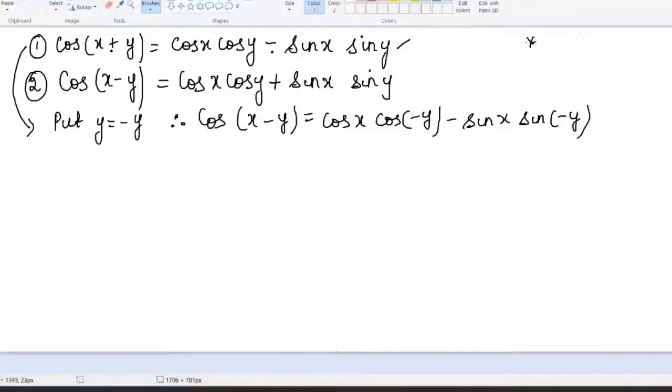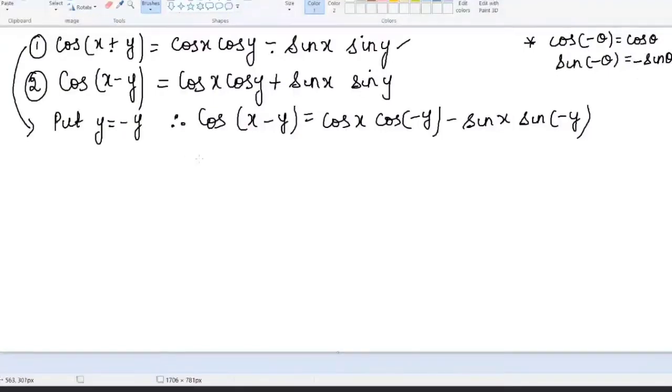Now, what do I know? I know that cos of minus theta lies in the fourth quadrant, where cos is positive. So cos of minus theta is cos theta. And sine of minus theta, in the fourth quadrant sine is negative, so minus sine theta is my answer.